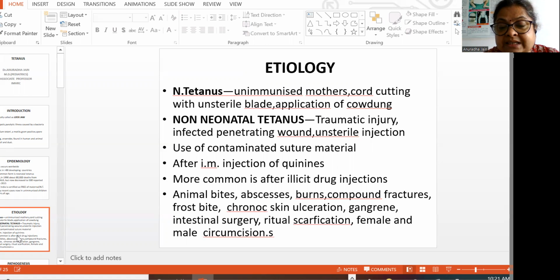So animal bites, abscess, burns, compound fractures, frostbite, chronic skin ulcerations, gangrene, intestinal surgery, ritual scarification, and female and male circumcisions. All these procedures, if there is contamination of the wound or unhygienic practices are done, then they are likely to get non-neonatal tetanus.